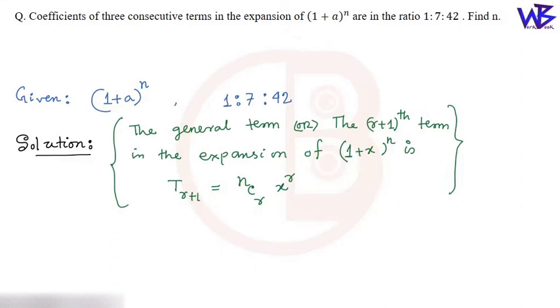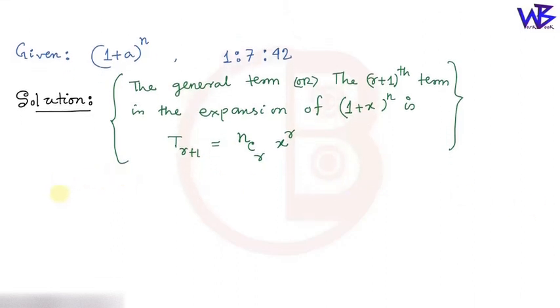Coming to the question, let us assume the three consecutive terms to be T(r-1), T(r) and T(r+1). The coefficients of these three consecutive terms will be considered as the three consecutive coefficients.